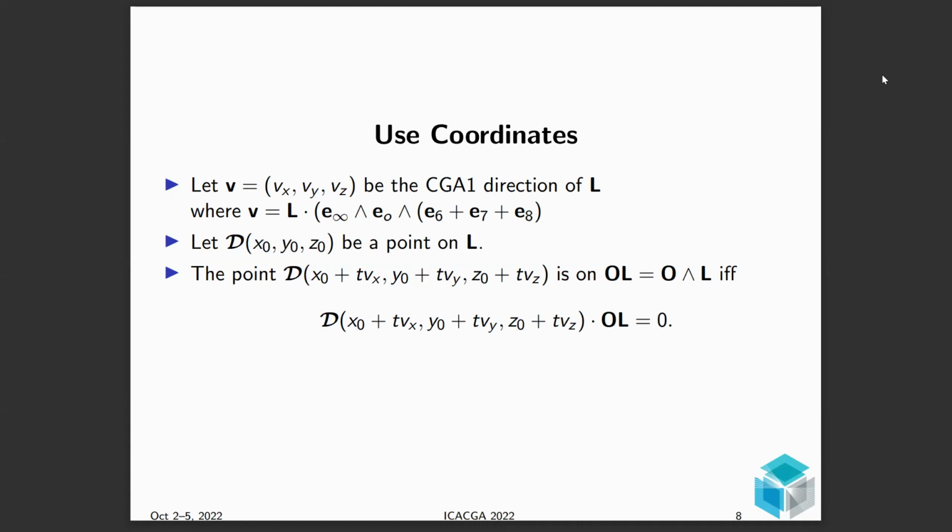And then we construct our ray in coordinate form as x0 plus t times the direction in the x, and do the same for y and z. And this point is on the intersection of line and torus if and only if this inner product is 0. So all we have to do is expand this.